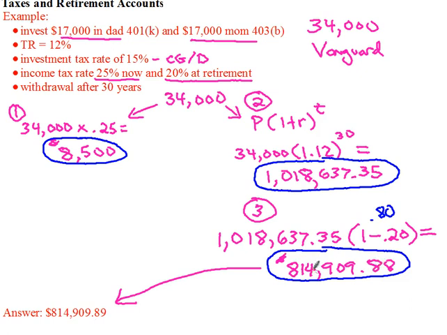So they get an $8,500 tax deduction today, and they're going to get to keep $814,909.89 at retirement. Okay, that's the way it works.